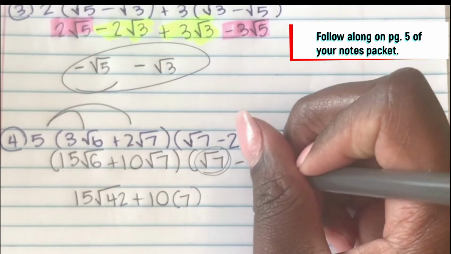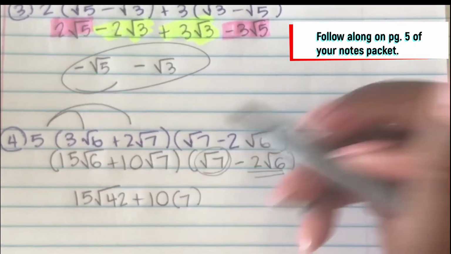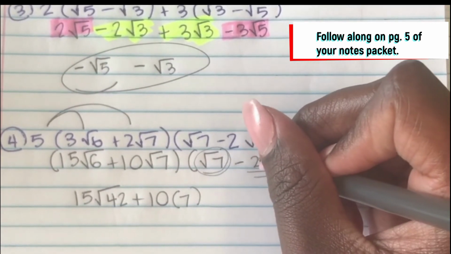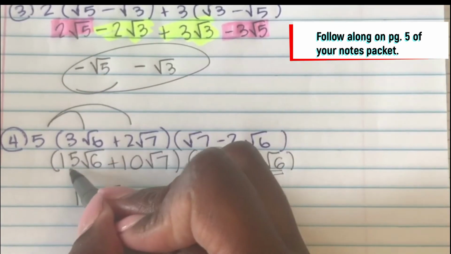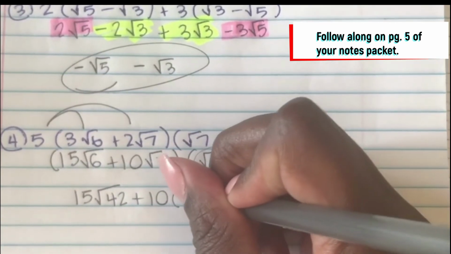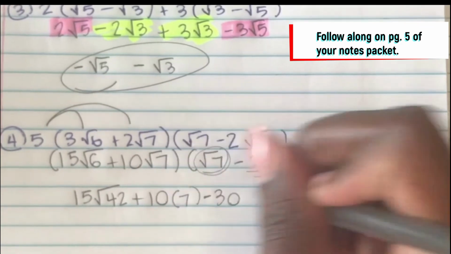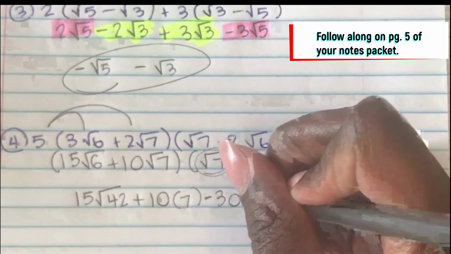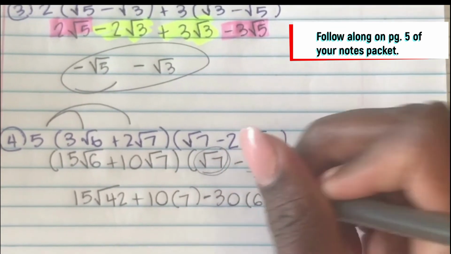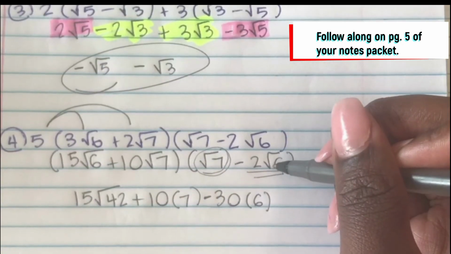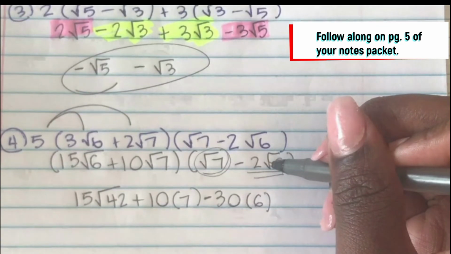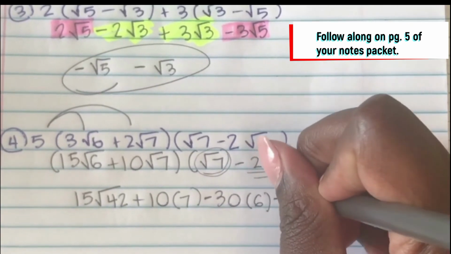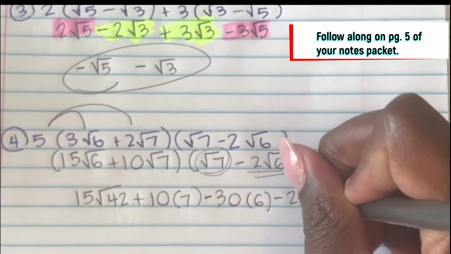All right, so now I'm going to multiply everything in this first set of parentheses by negative 2 square root 6. Negative 2 square root 6 times 15 square root 6 is going to give us negative 30 square root of 36, which is just 6. And now I'm going to multiply the last part. Negative 2 square root 6 times 10 square root 7 is going to give us negative 20 square root of 42.